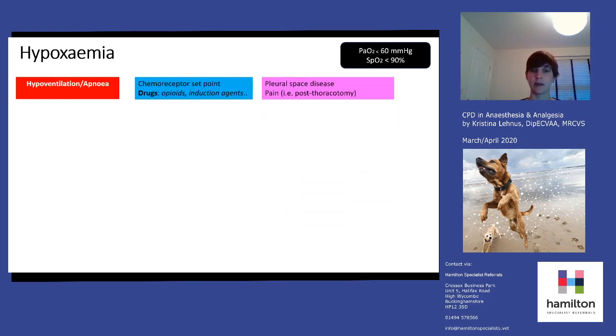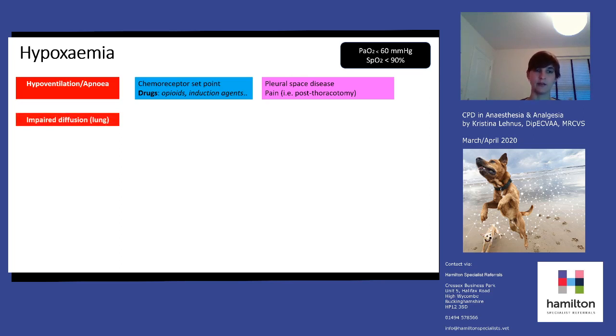It could be pleural space disease, and I've included pain here because not necessarily intraoperatively, but postoperatively, animals that have had a thoracotomy, for example, might be so painful that they actually hypoventilate because they're painful, and that will affect their oxygenation because, of course, they've also got pulmonary pathology as well, probably why we did the thoracotomy in the first place.